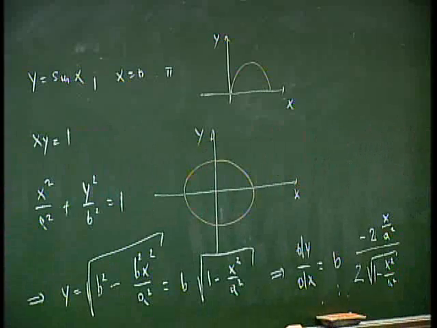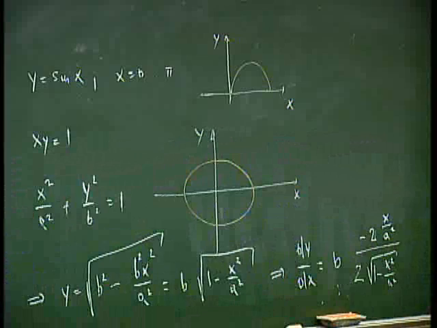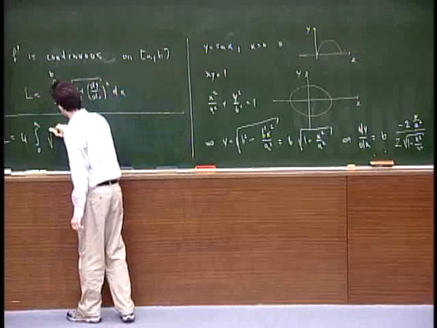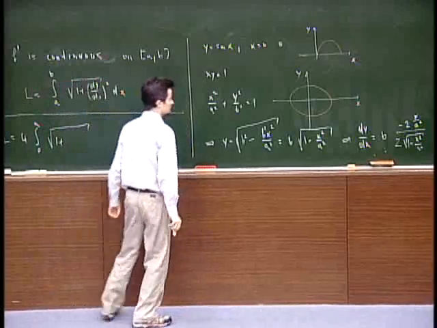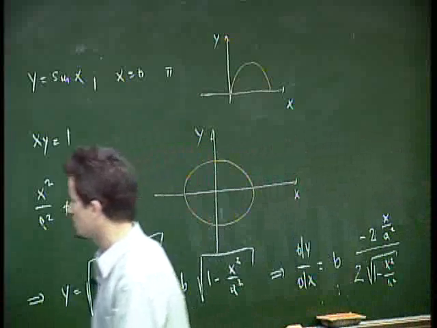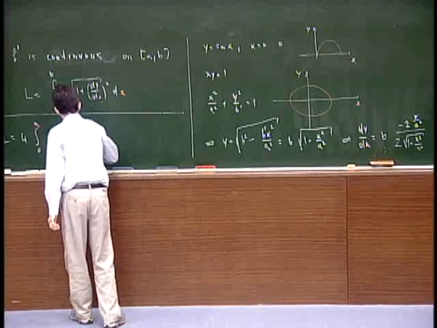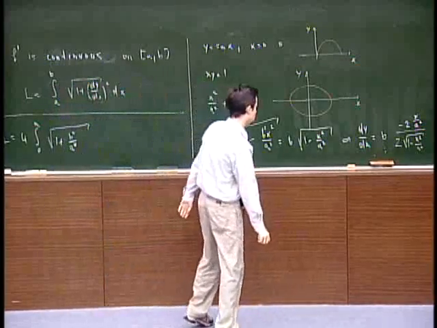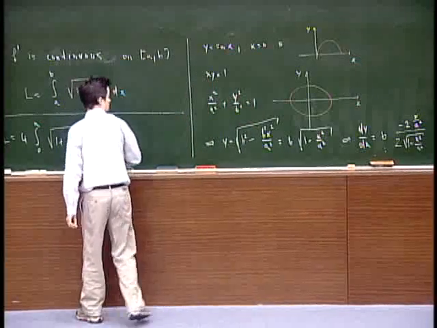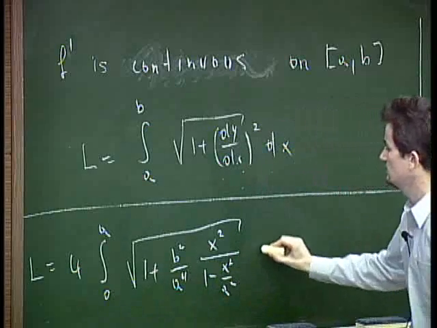Actually, we just have to consider the case x from 0 to a, and then 4 times the integral from 0 to a of the square root of 1 plus, and we have to square this, so we have b squared over a to the 4, and then x squared over 1 minus x squared over a squared dx.